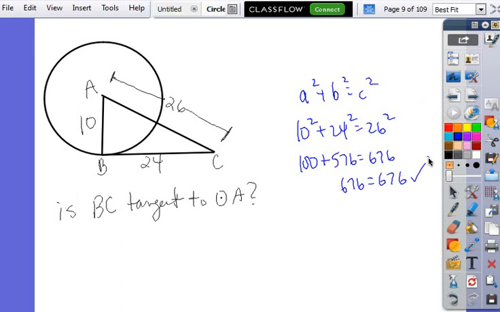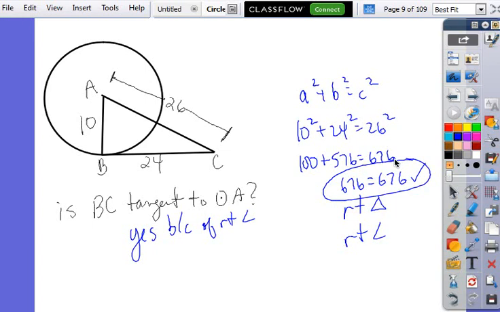That means right triangle, which means right angle. And if it's a right angle, then I can say yes because of the right angle. So what you're checking for, does that work? If the Pythagorean theorem works, then it's a right triangle, which means you've got a right angle, which means it's got to be tangent.